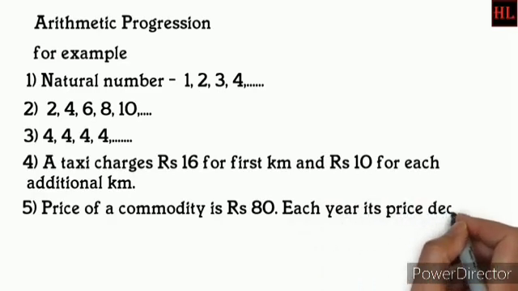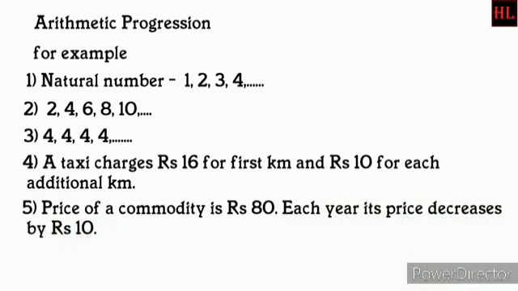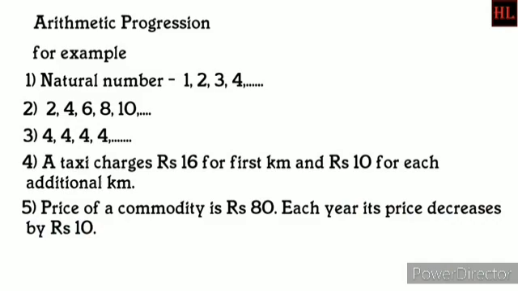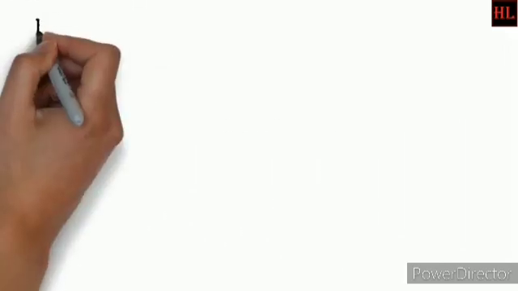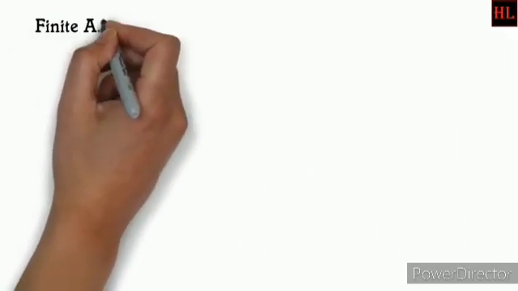Each year its price decreases by rupees 10. Then your arithmetic progression will be 80, 70, 60, 50, and so on. These are a few examples to learn more about the arithmetic progression.